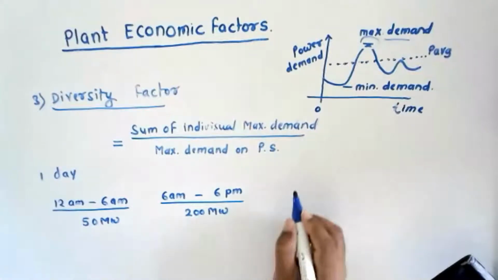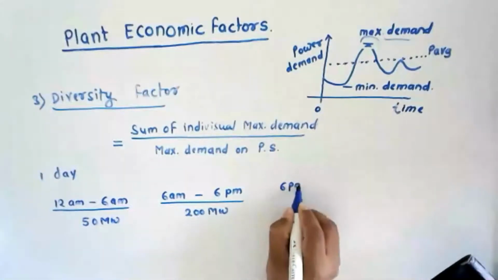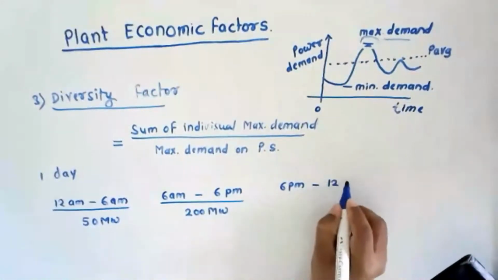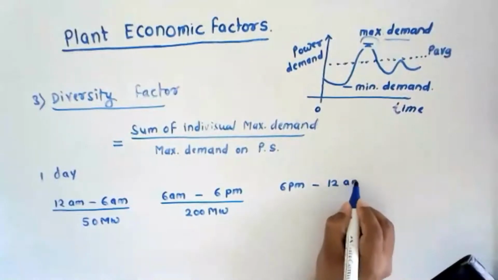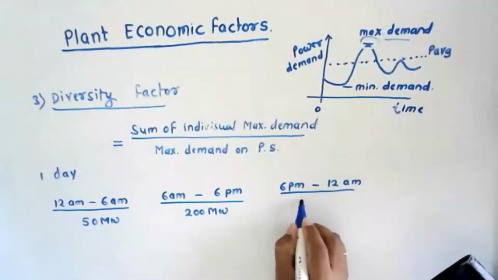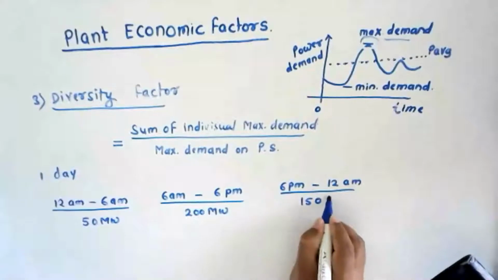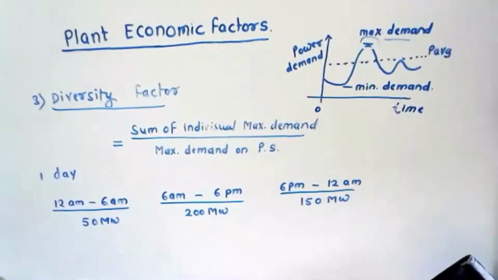Okay. Then evening 6 PM to midnight 12 AM I am going to use 150 megawatt. So that is what my power consumption is.